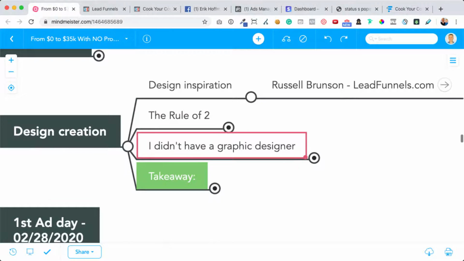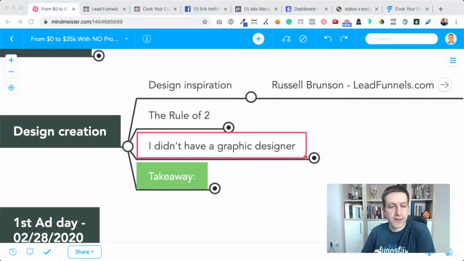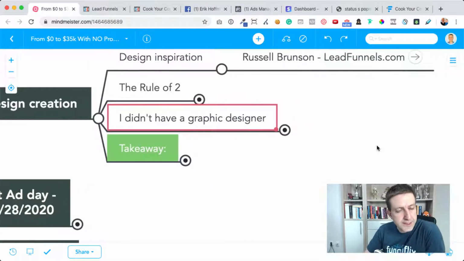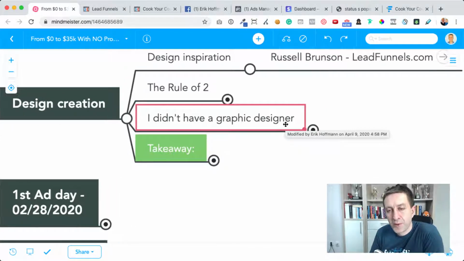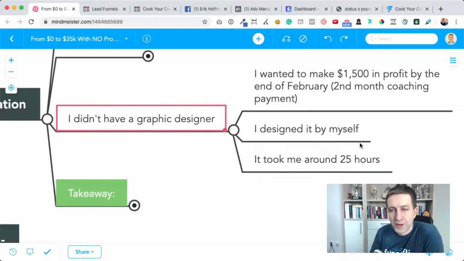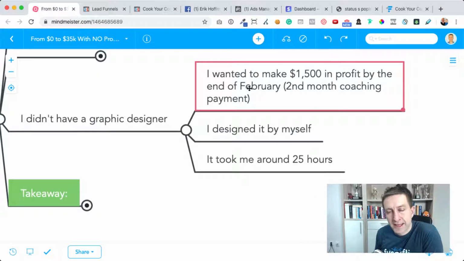Let's have a look at the other part of the story. I didn't have a graphic designer at the moment, and as you remember, I made a commitment to start earning money before February 29th.